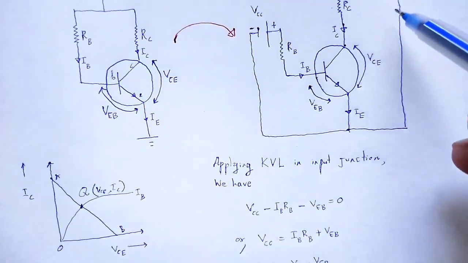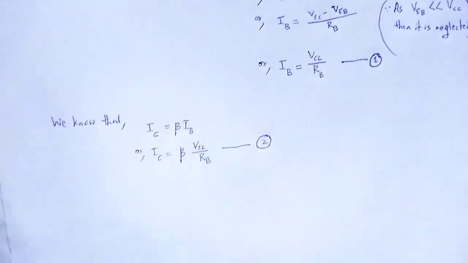Next, we can apply KVL on the output junction.